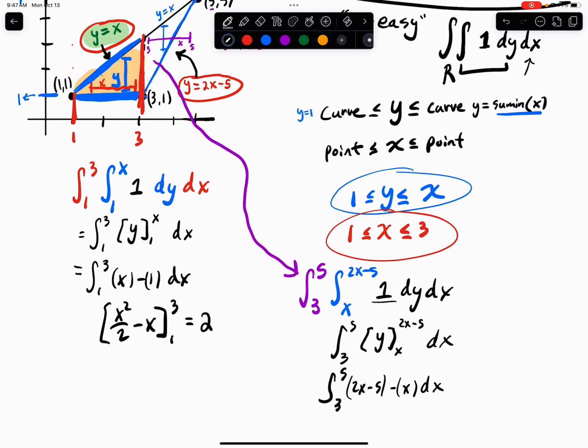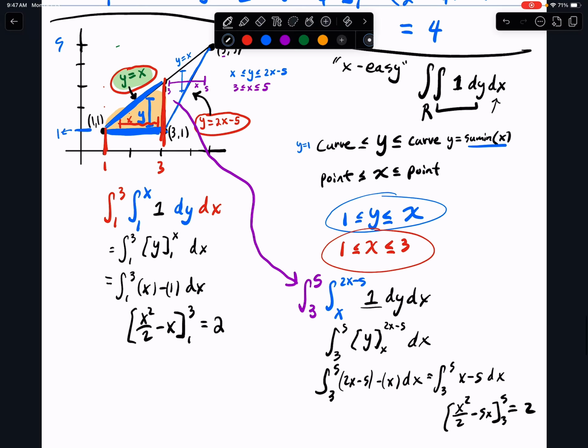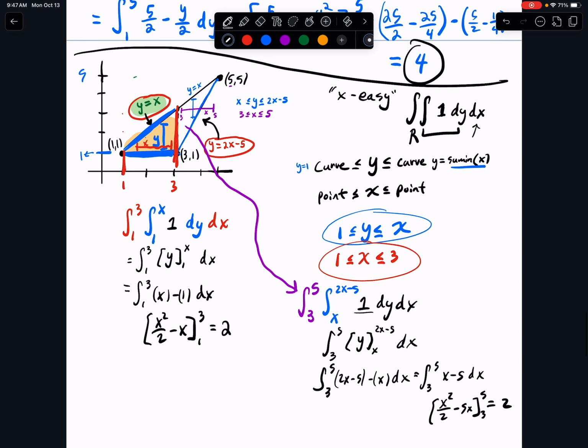All right. You can clean that up a little. 3 to 5 of x minus 5. Integrate with respect to x, that's x squared over 2 minus 5x from 3 to 5, which if you do that math, you'll get 2 as well. And 2 plus 2 gets you 4, which is the answer that you wanted above. How about that?